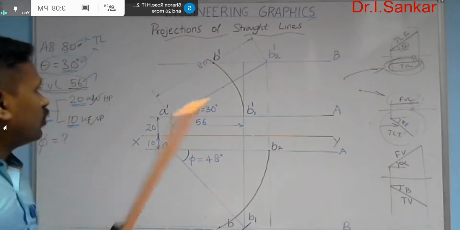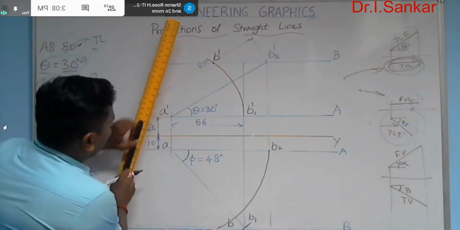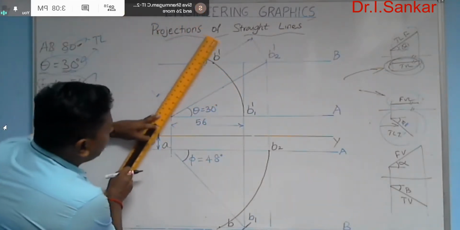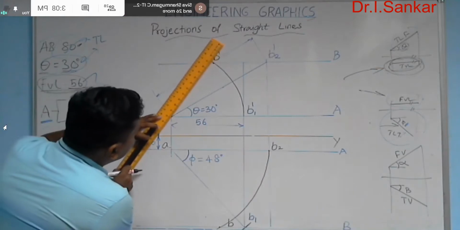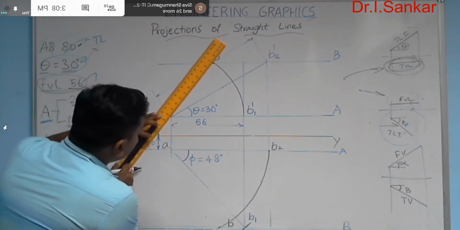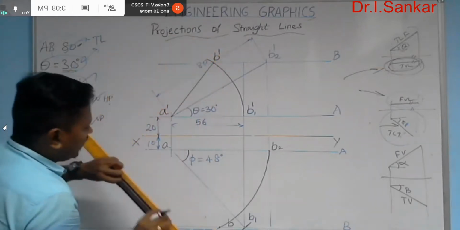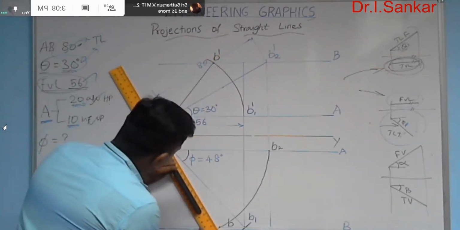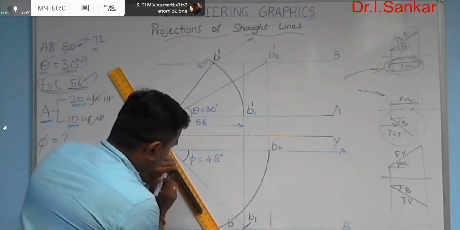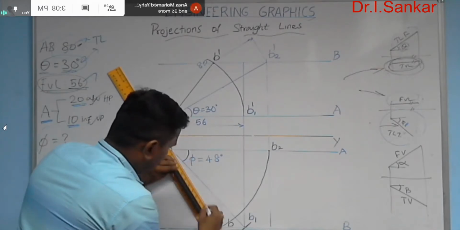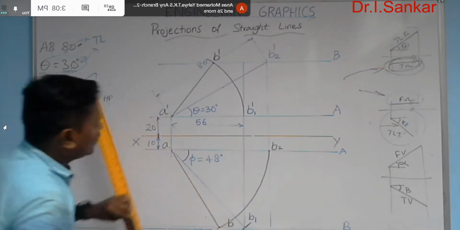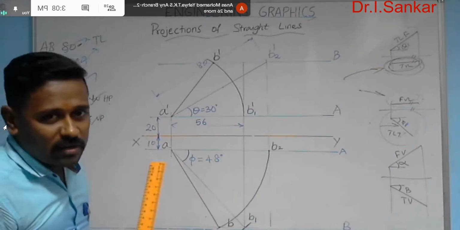First, you need to draw the front view and the top view. That is nothing but join A dash B dash and AB with the HB pencil. It is A dash B dash. This is AB. This is your front view and top view.